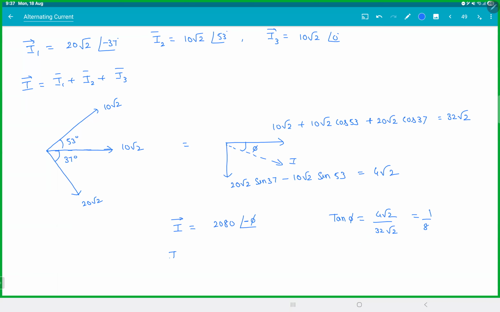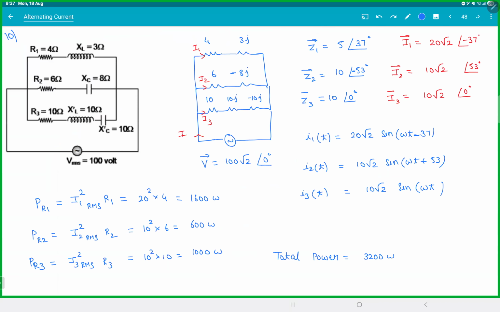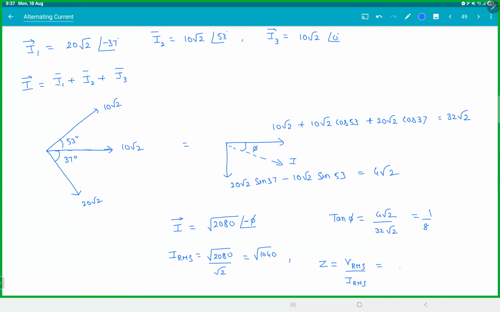And what is IRMS? I think I forgot there's a root here. IRMS will be 2080 by 2, root 1040. What do you want to find? Impedance? Z is nothing but VRMS by IRMS. VRMS is 100, IRMS is root 1040.